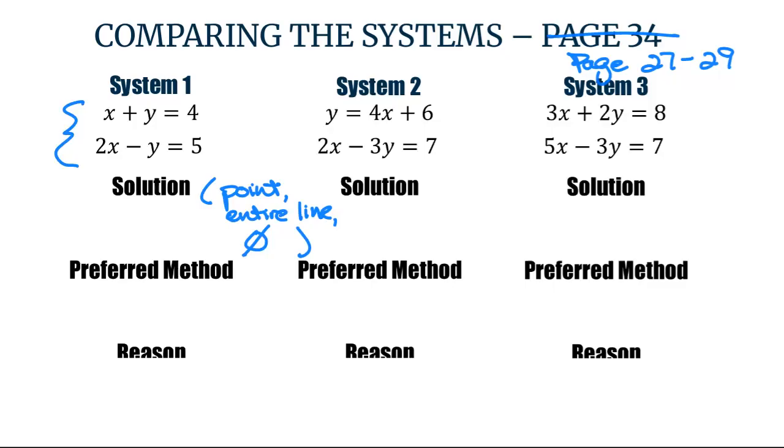Did anyone happen to get a solution for this first system of equations? Did they intersect? Did anybody do the graphing part? Anyone? Did anybody get an answer by substitution? What did you get for that? Negative 2.5, and did you get a y value?